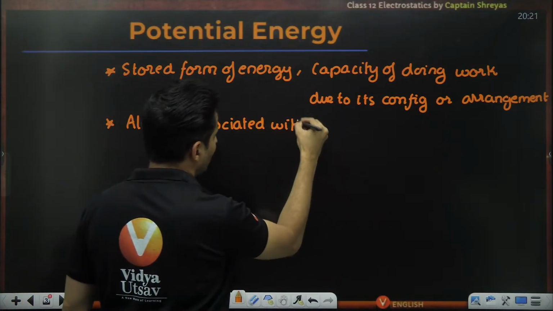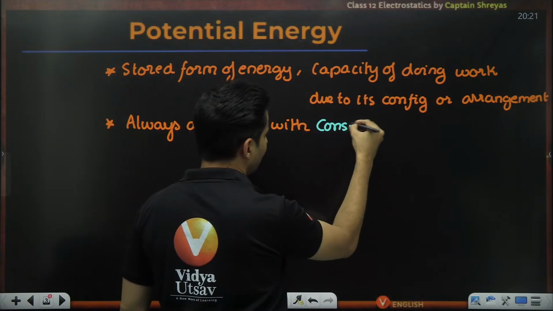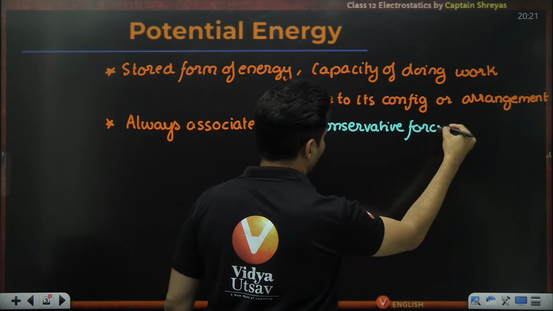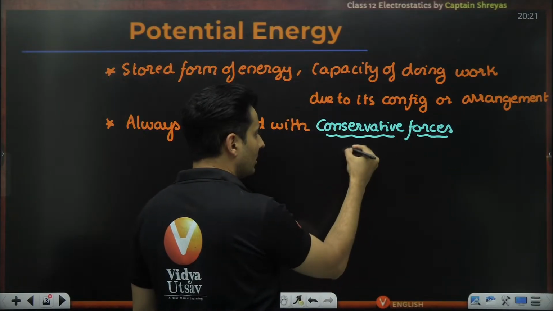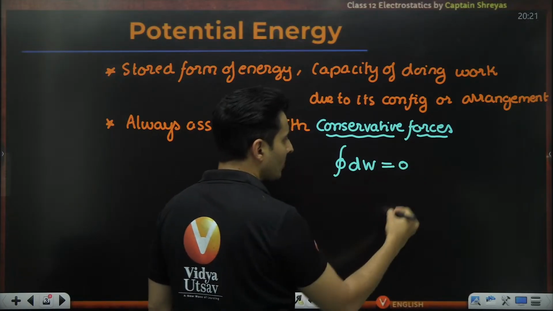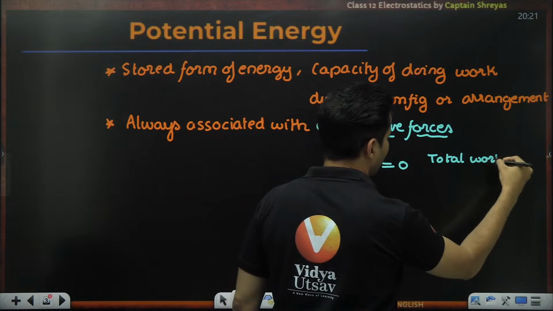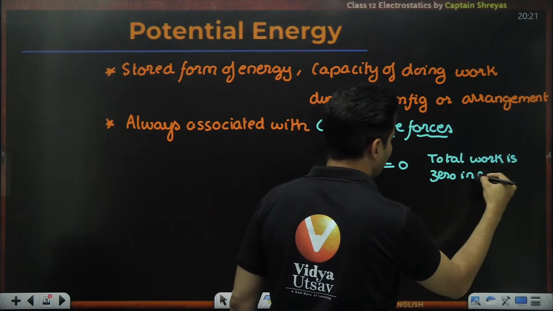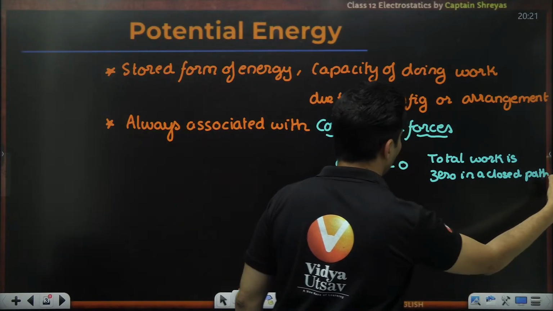And it is always associated with conservative forces only. Now, if you have forgotten the meaning of conservative forces, basically the total work done in a closed path should be zero. That means you come back to the same place, the net work done should be zero.